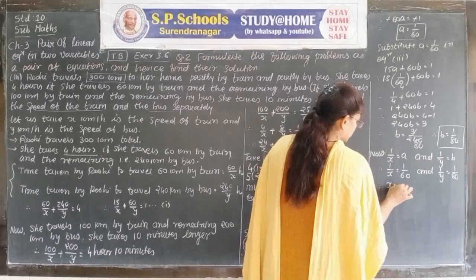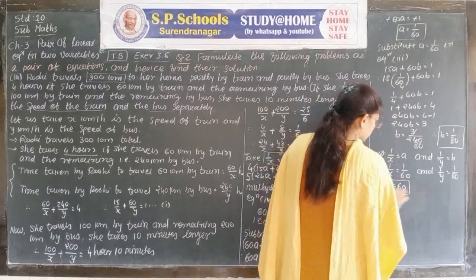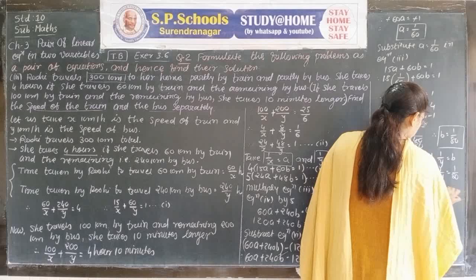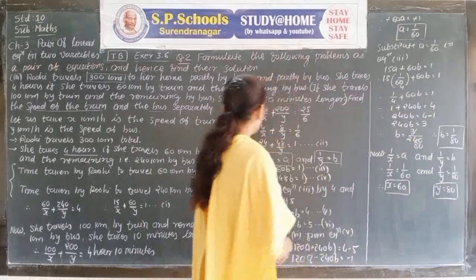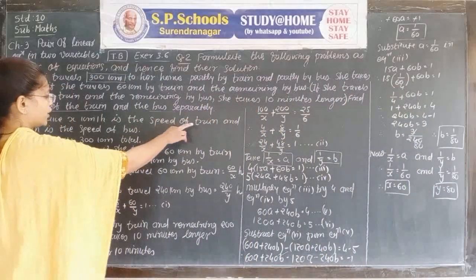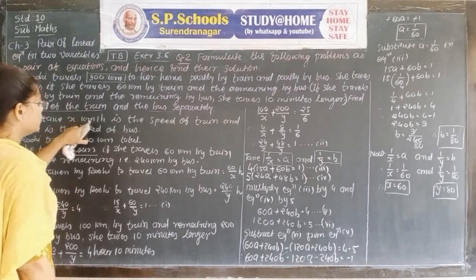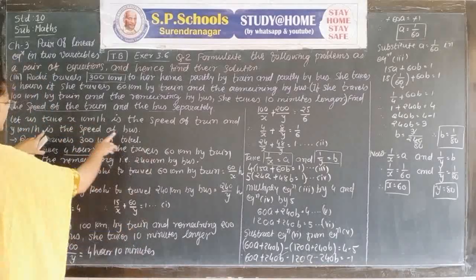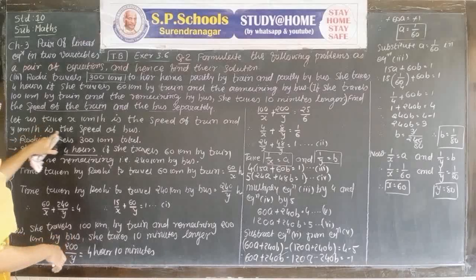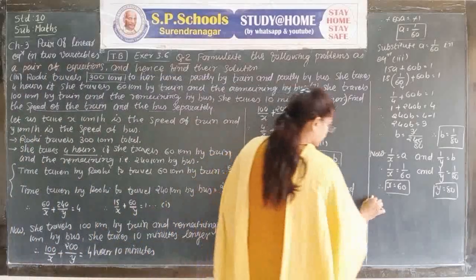By taking reciprocal, x is equal to 60 and y is equal to 80. Here x is the speed of the train, therefore the speed of the train is 60 km per hour, and y is the speed of the bus, 80 km per hour.